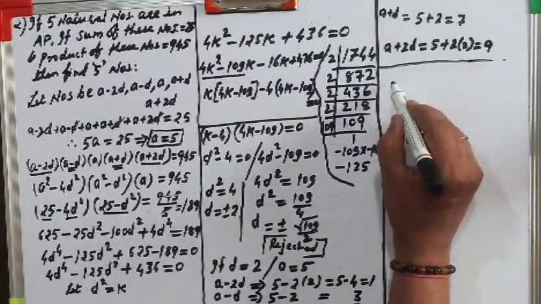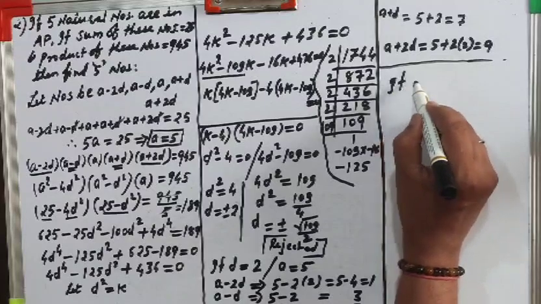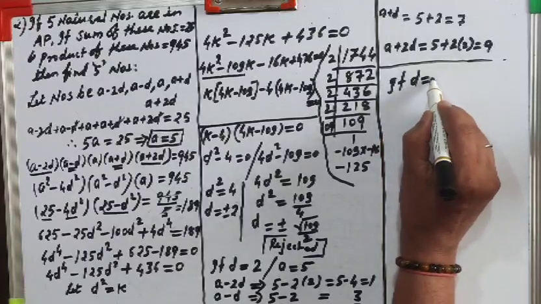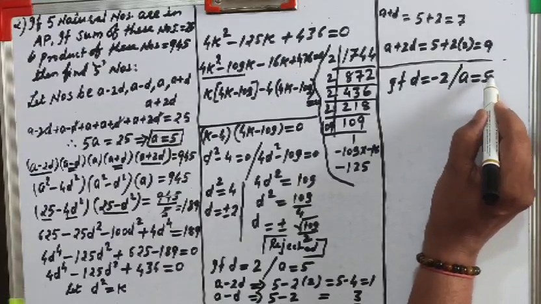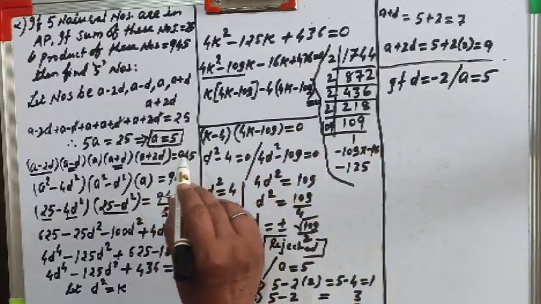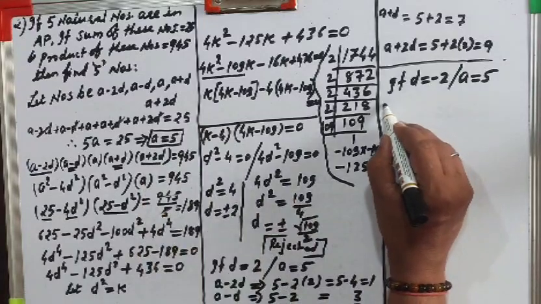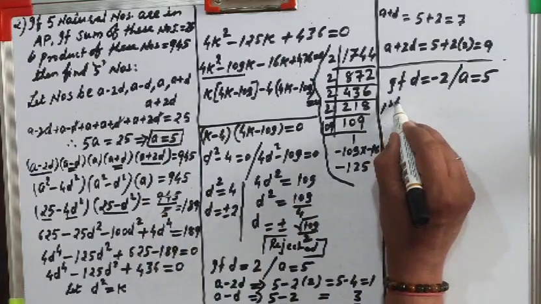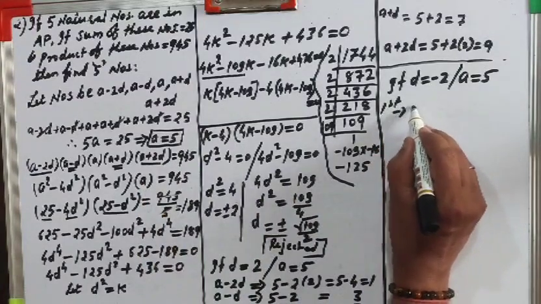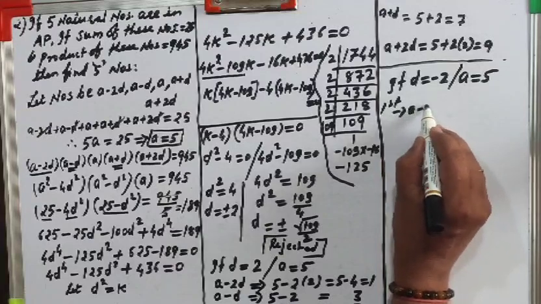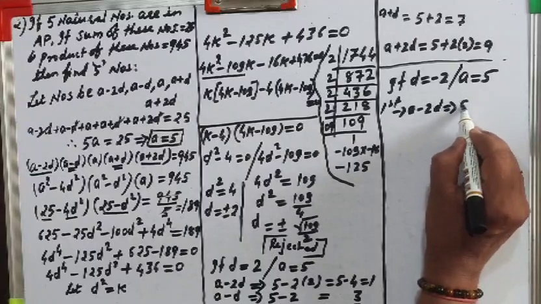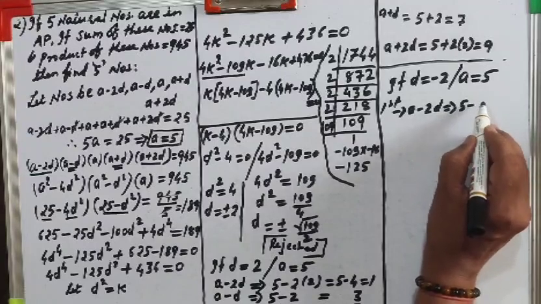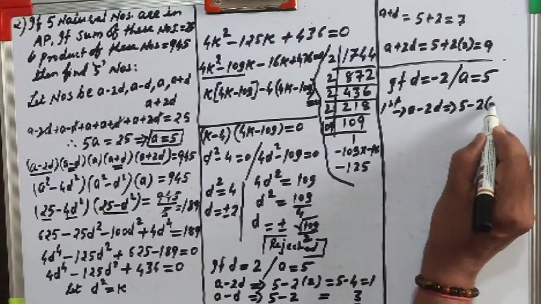Now if I take d equal to minus 2 and a equal to 5, because we have only one option for a. Our first number is a minus 2d, which means 5 minus 2 into minus 2.